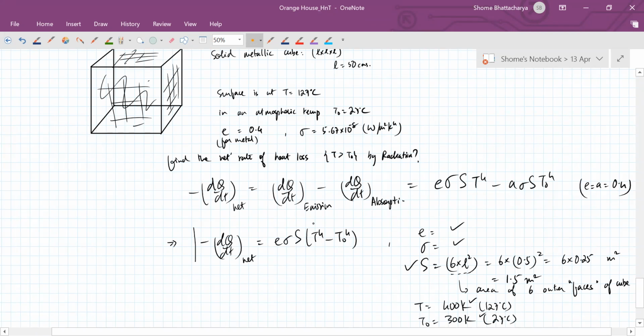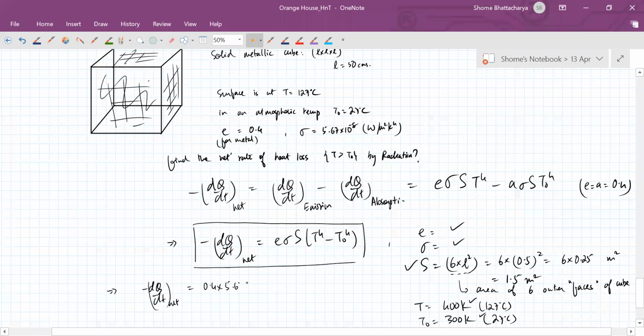So now substituting all these things in this formula, we have to just calculate. So we can see that the net rate of heat loss will become emissivity, which is given to us in the question as 0.4 into Stefan's constant, okay, into surface area, which we just saw as 1.5 into now this thing 400 to the power 4 minus 300 to the power 4.